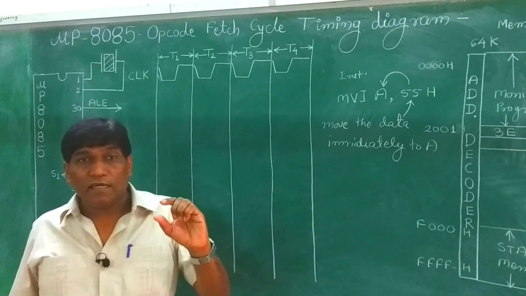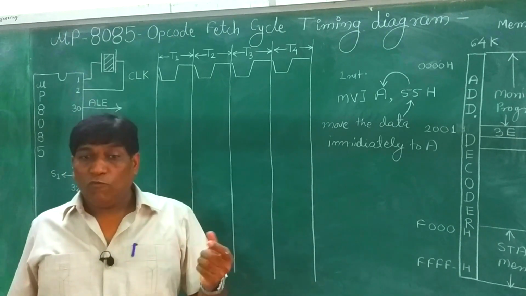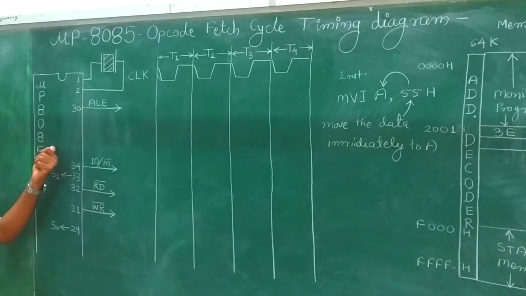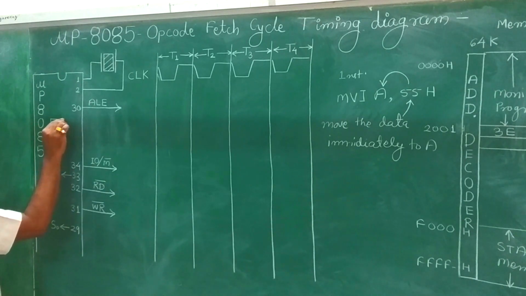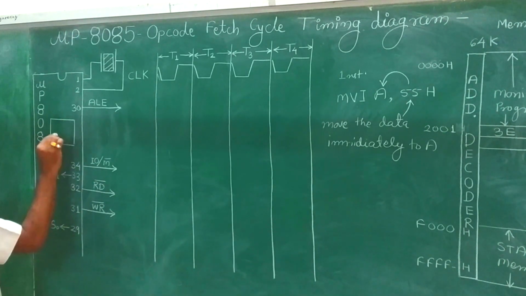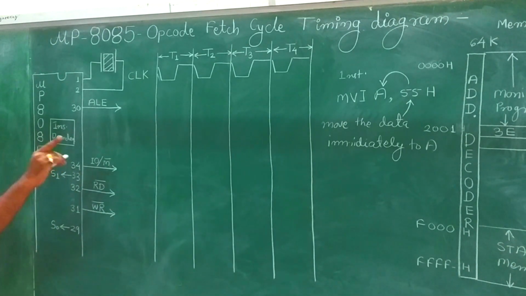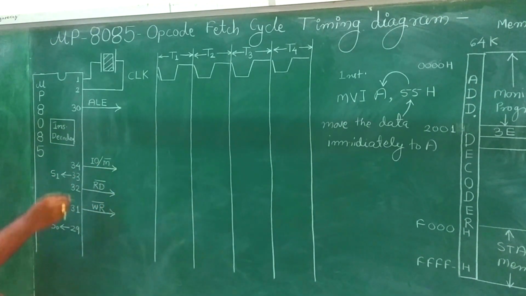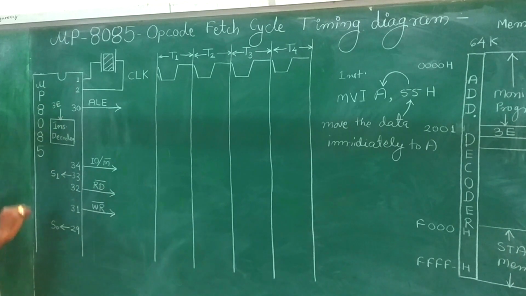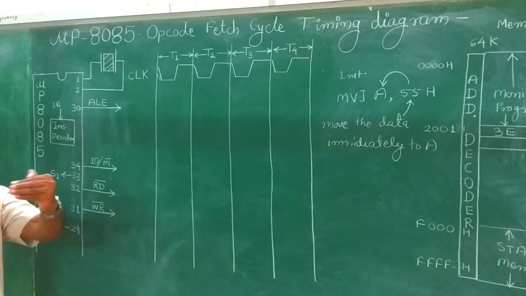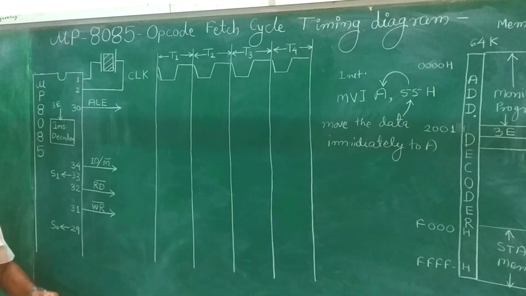This will be decided by the instruction decoder, which is inside the microprocessor. That means inside the MPU we have an instruction decoder, or opcode decoder. Whenever this 3E comes inside the instruction decoder, it will decide what is the next operation to be performed by the microprocessor.